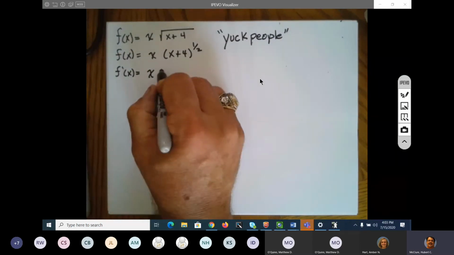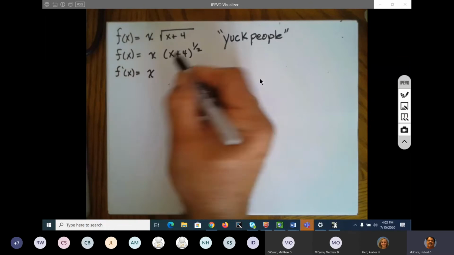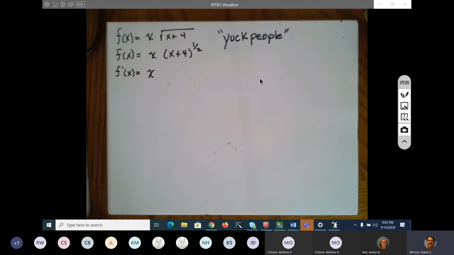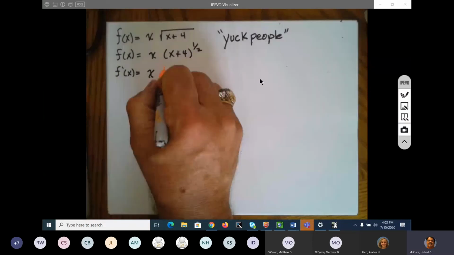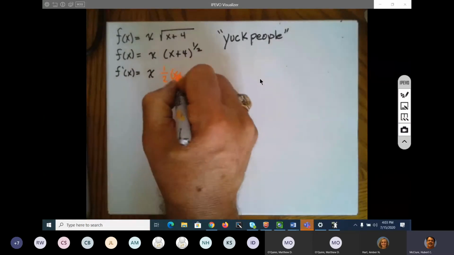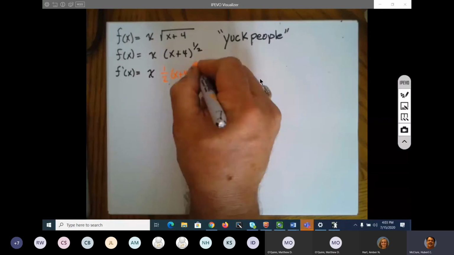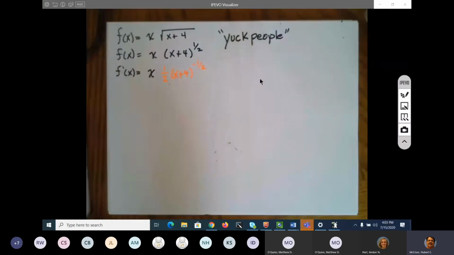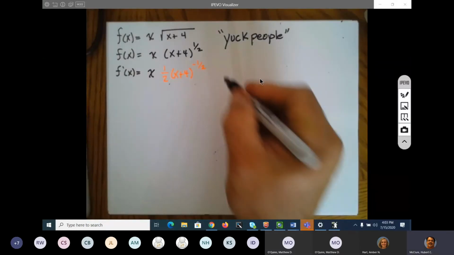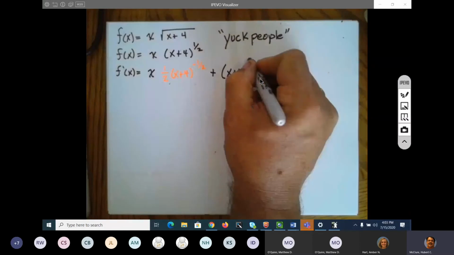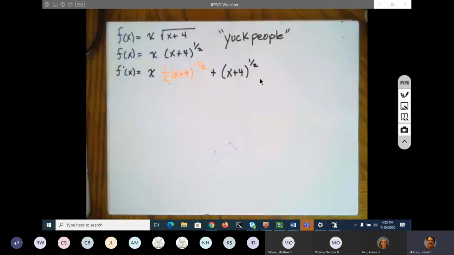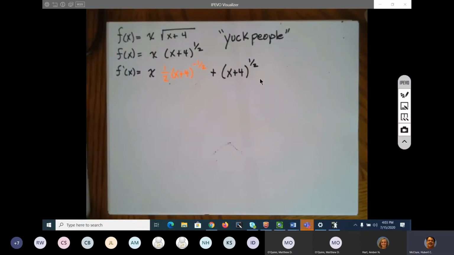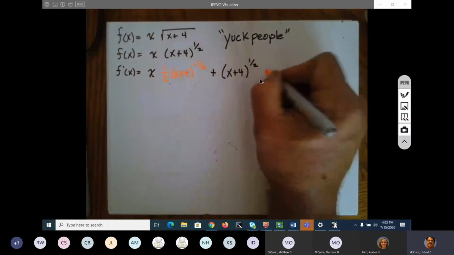Thank God we got the chain rule. 1/2, I'm going to do that in orange. 1/2 times x plus 4 to the negative 1/2 times 1, because the derivative of x is 1, plus the second times the derivative of the first, and the derivative of x is 1.